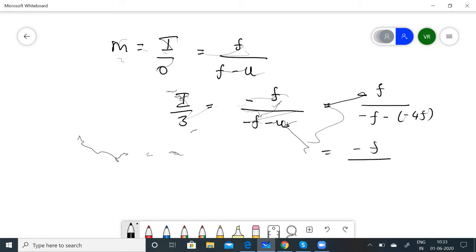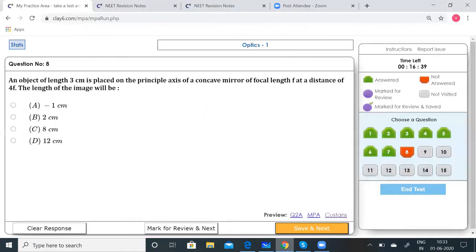Minus of minus becomes plus, so minus f minus 4f is 3f... I mean, minus f by minus 3f... So I by 3 is equal to minus f by 3f, f gets cancelled. So this says that I is equal to minus 1. So let's see which is correct. Minus 1 centimeter. Save that, go to the next.